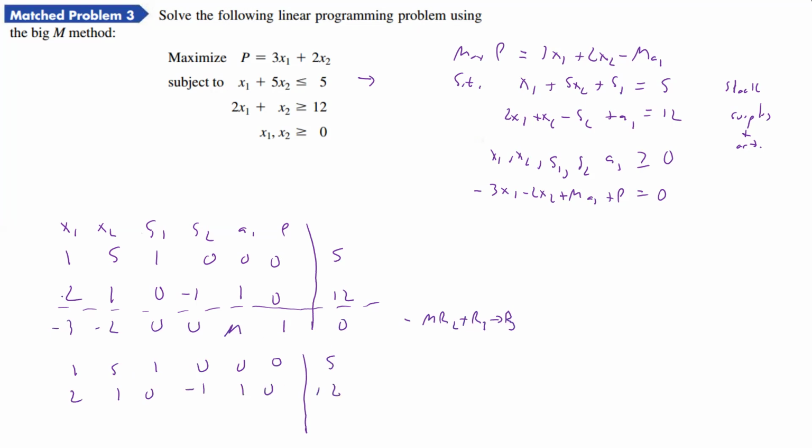And minus M times that, so it's going to be a minus 2M, minus M minus 2, minus 3, that's 0, and positive M, that's a 0, that's a 1, and that's a minus 12M.